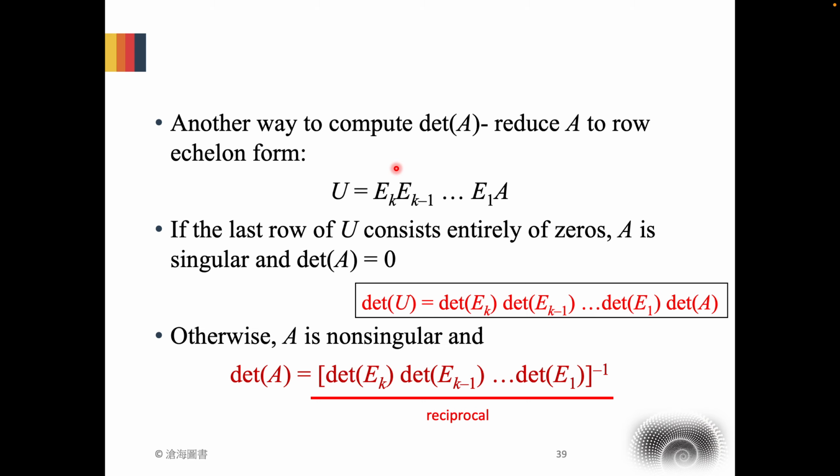Another way to compute the determinant of A is to reduce A to row echelon form. If the last row of U consists entirely of 0s, then A is singular and the determinant of A is equal to 0. So from the beginning to now, it's exactly the same as what we mentioned before.